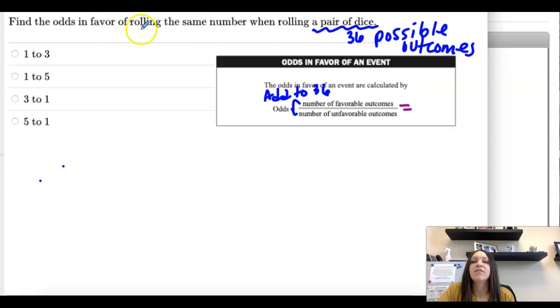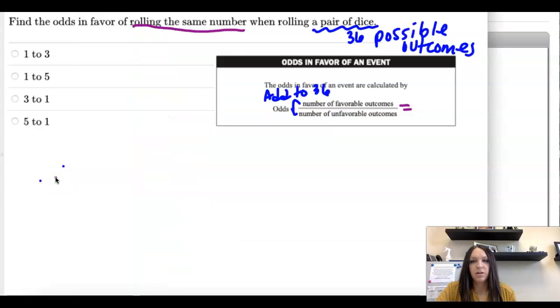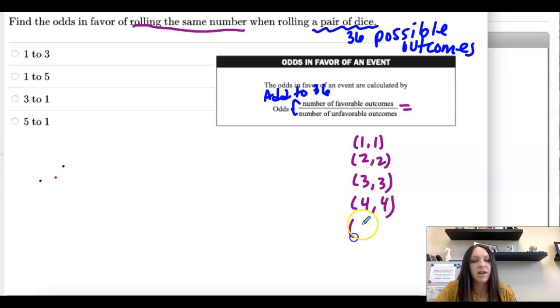So find the odds in favor of rolling the same number. That is 1 and 1, 2 and 2, 3 and 3. I'll write those down. So I want to roll 1s, 2s, 3s, 4s, 5s, 6s.